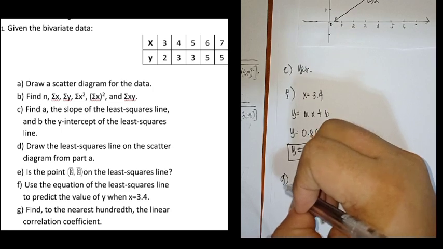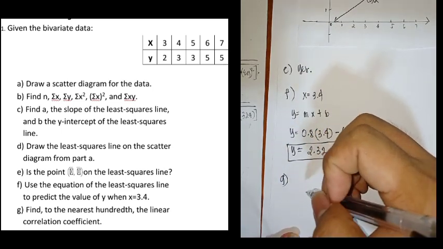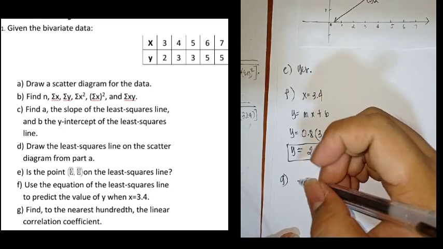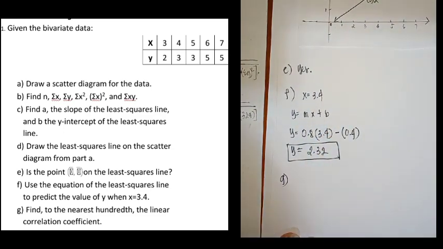The last part of the problem is to find, to the nearest hundredth, the linear correlation coefficient. In this particular problem, we have to use this formula.